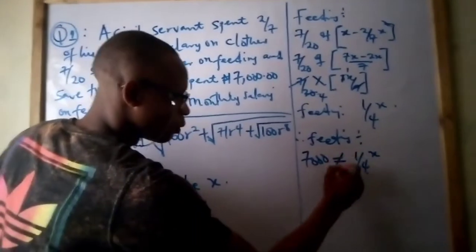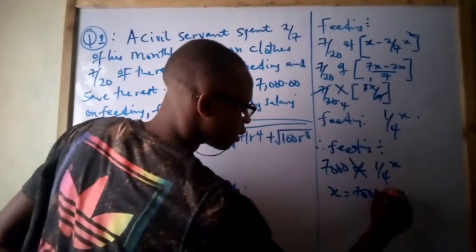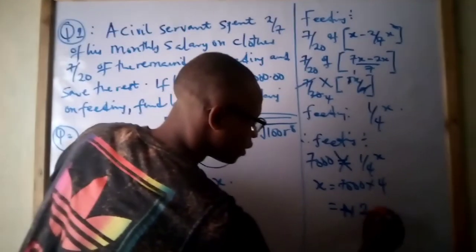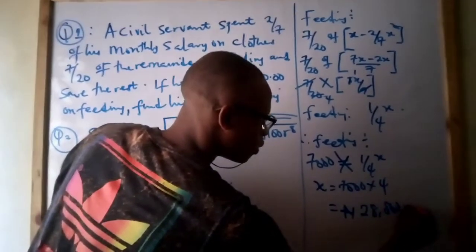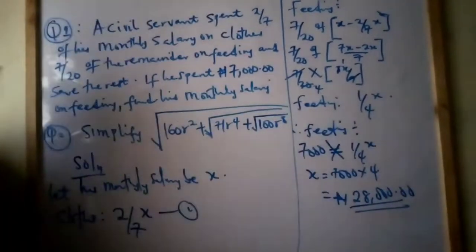Of course, when you cross multiply, you will have X equals 7,000 times 4, and that's going to give you 28,000 naira. So this is the monthly salary that the man has.